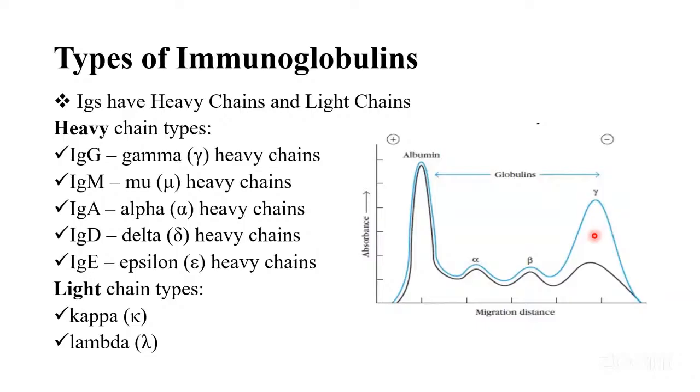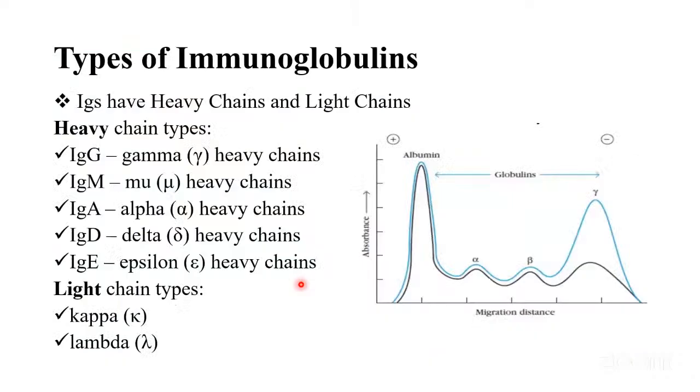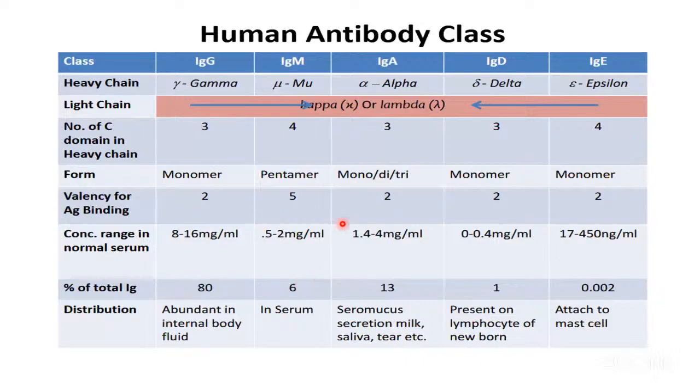This is actually depending on the quantities of the immunoglobulins in our system. And we cannot see even a peak for delta and a peak for epsilon because they are minute. And the reversion of these particular quantities will mean that there is a problem with the immune system, or the body is actually trying to react to a particular disturbance in the system.